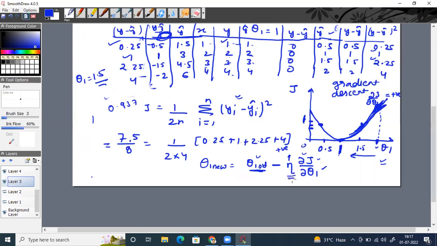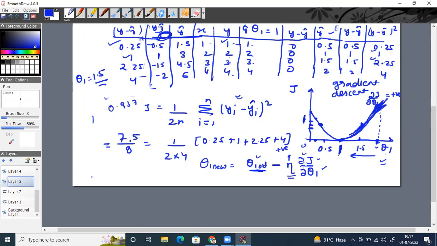Don't put it too high. You are here, and you decrease the value of theta 1 in such a manner that it comes here. Fine, accept it, but if you decrease so much that you land up here, where again you have a very high error, that is bad. So don't pick the value of eta to be very high.